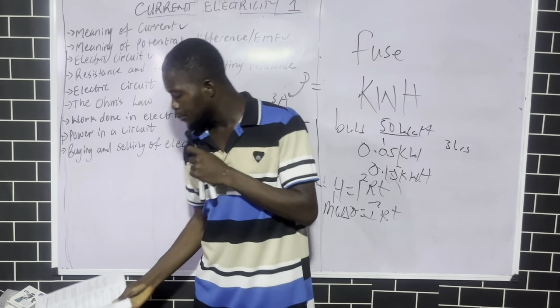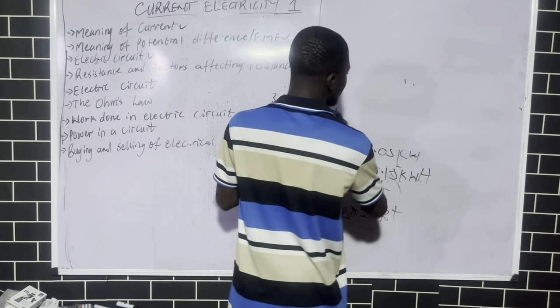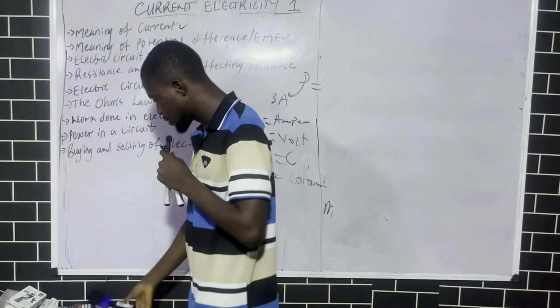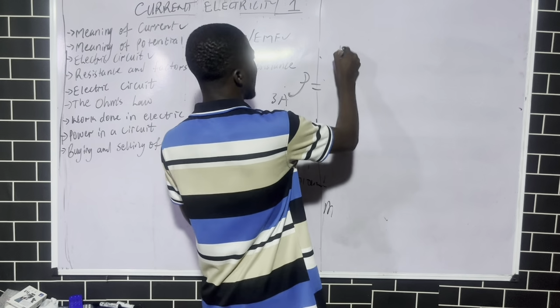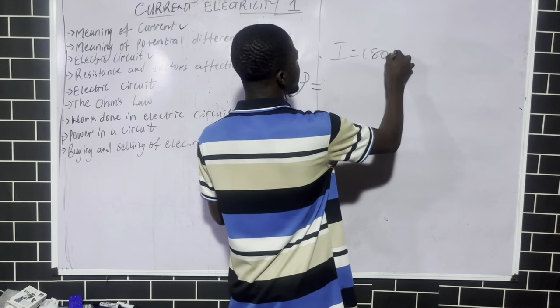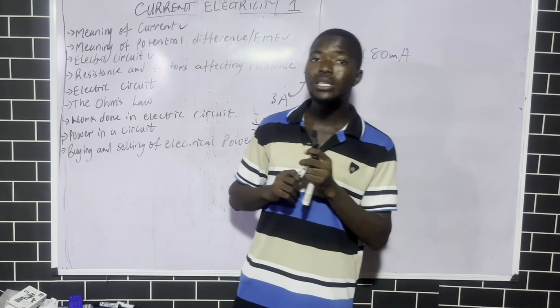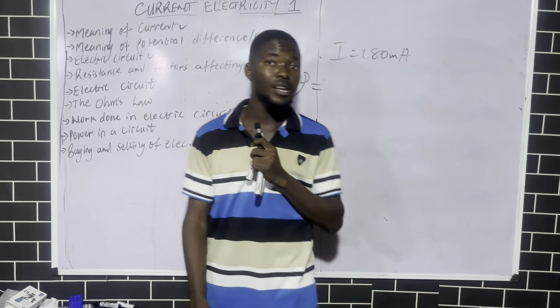Now look at this one. They said a current of 180 milliampere. Milli is a subunit, which means 10 raised to the power minus 3.